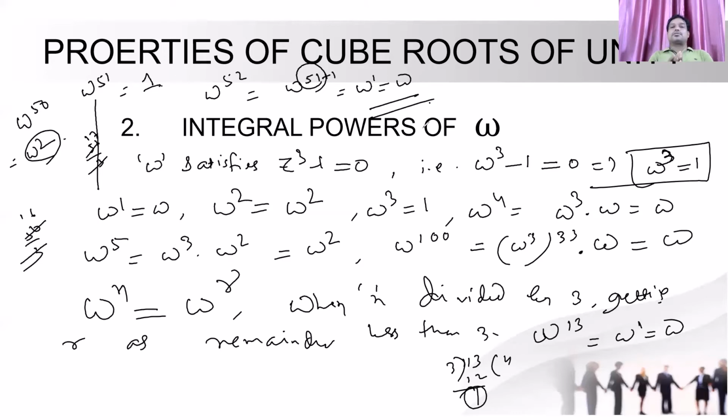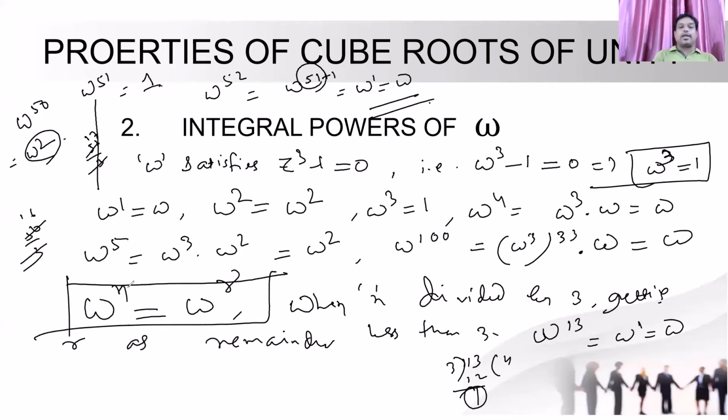So the properties of cube root of unity, the second property: integral powers of omega. For any power n, a non-zero value, omega to the n equals omega to the r, when n equals 3m plus r. If n is represented as 3m plus r, then you just write omega to the power r and nothing extra.